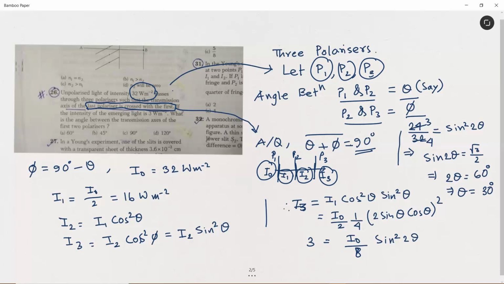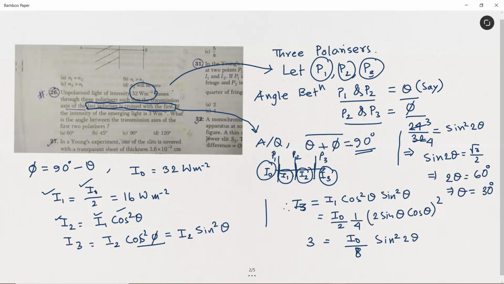We know the equations regarding the polarizer. I1 will be I0 by 2. I2 will be I1 cos square theta, because this is making an angle theta with the first polarizer P1. Similarly, the third polarizer is making an angle phi with respect to the second one, so I3 becomes I2 cos square phi.